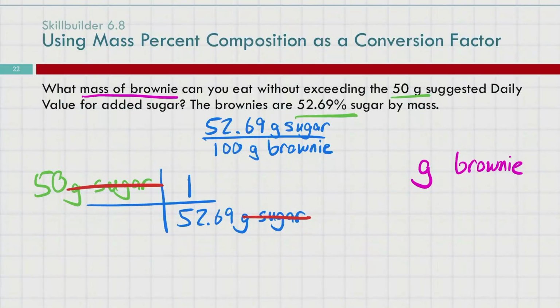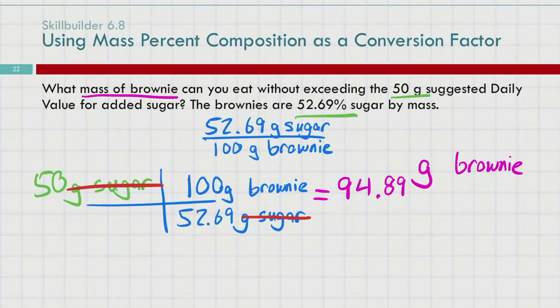And then 100 grams brownie on the top. So 50 times 100 divided by 52.69. We get 94 point, let's call it 89 grams of brownies.